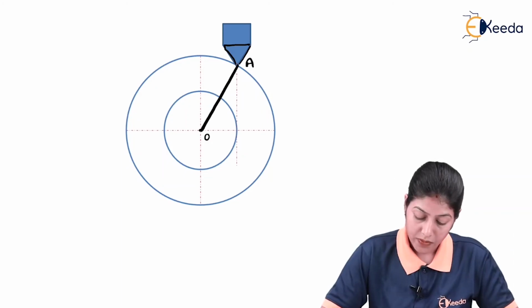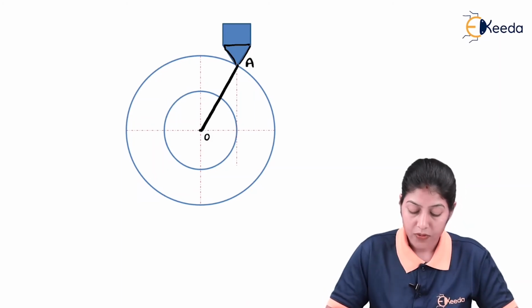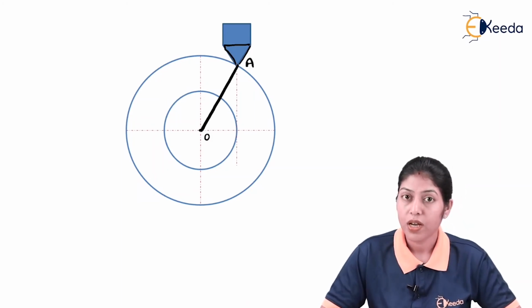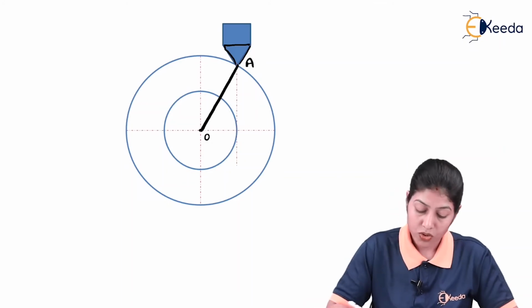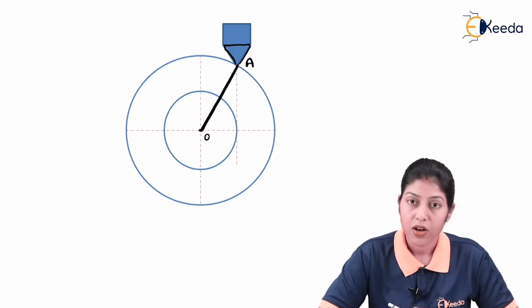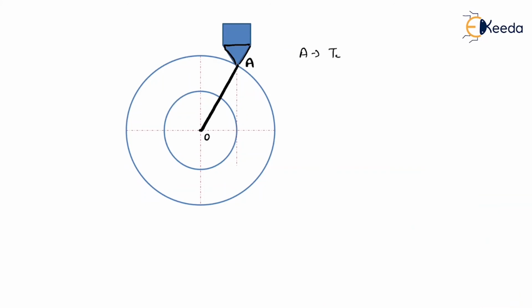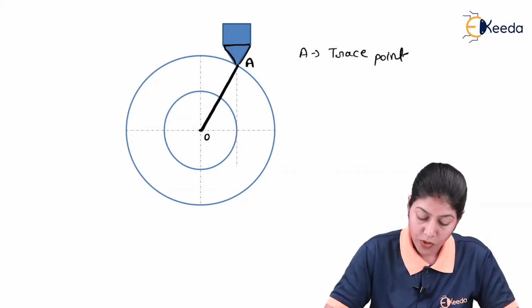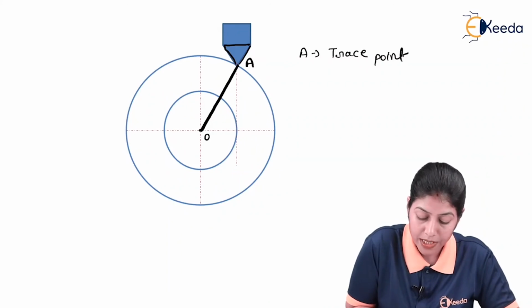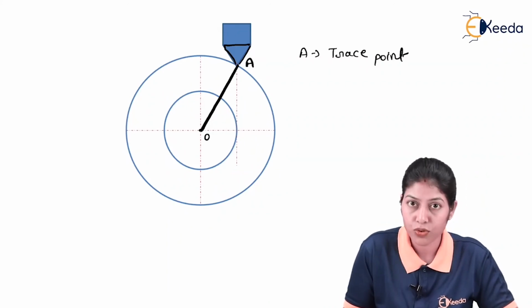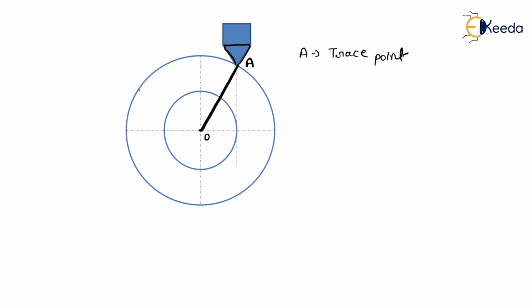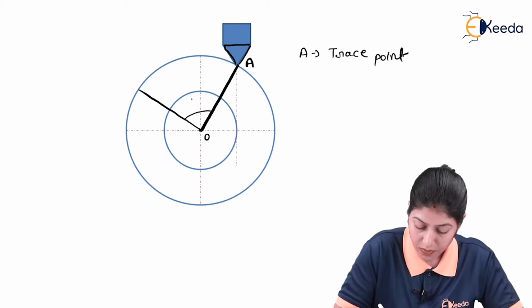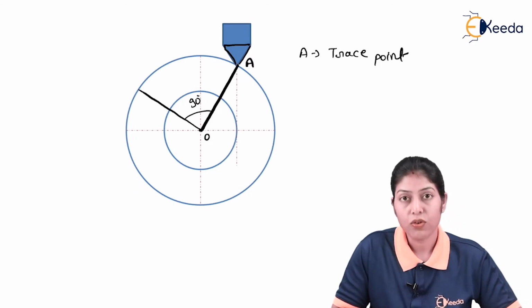So now we have this particular baseline, and from here we will define the outstroke, dwell and return stroke. A is the trace point and O is the center. Now from this OA we will define the value of the outstroke, that is 90 degree. So this is our 90 degree outstroke.